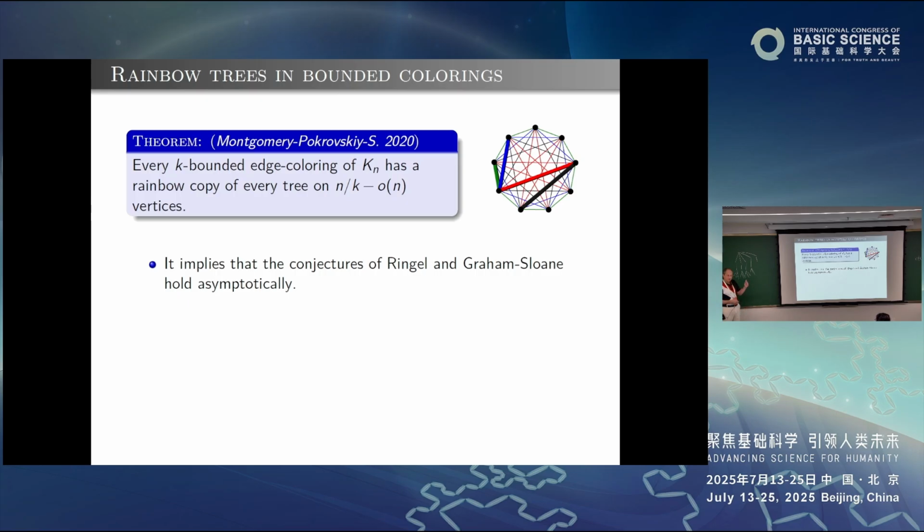If you take k equals 2, you remember this was our Ringel coloring, the very specific Euclidean coloring, then you get an asymptotic version of the Ringel conjecture, which will tell you that in a complete graph of size 2n, roughly, the tree of size n will pack. Now it's not a packing, but it covers most of the edges, okay?